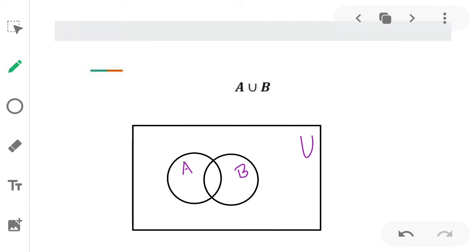A union B means both the common and uncommon elements between the sets A and B. Here I will highlight.